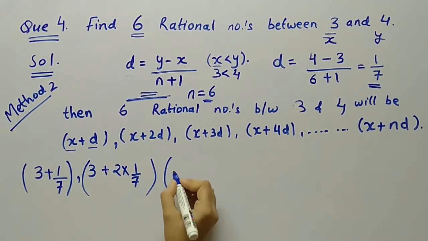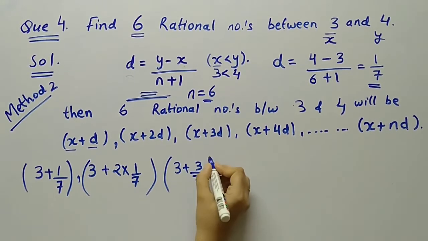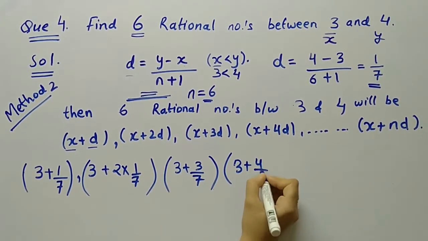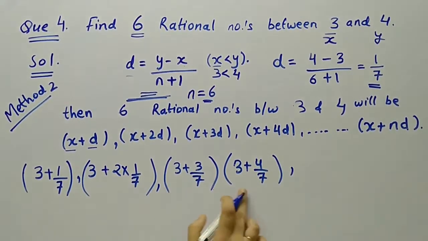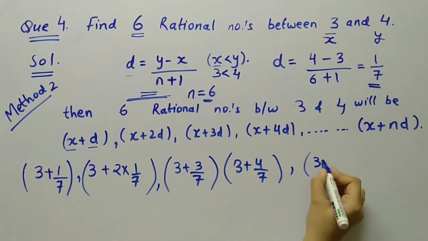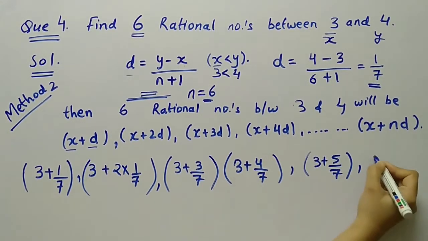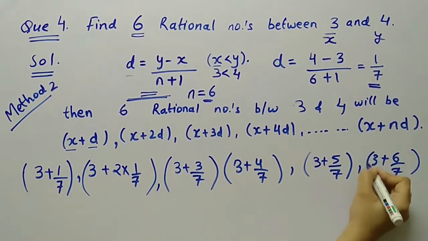The third number will be 3 plus 3 by 7. 3 plus 4 by 7. 3 plus 5 by 7. 3 plus 6 by 7.